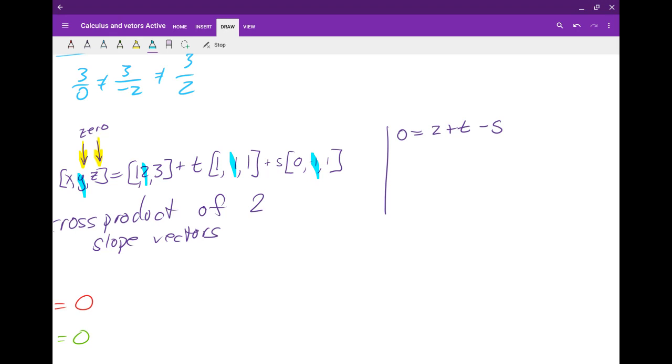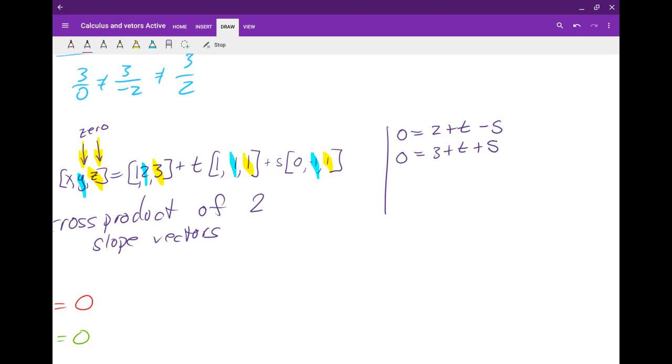You see that? I've got my 2, my 1t, and my s there. To get the z component, the z component is all of these guys, right? And so I'm going to be able to write down 0 equals 3 plus t plus s.